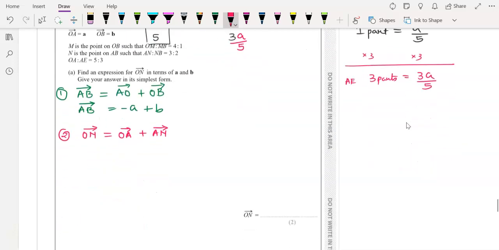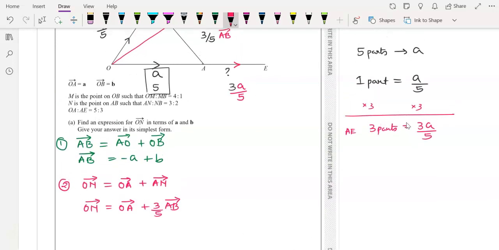So I'll replace here. It is ON is OA plus 3/5 of vector AB. Now, when you look into the diagram, vector OA is A and 3/5. Vector AB, we already worked it out, it is minus A plus B.